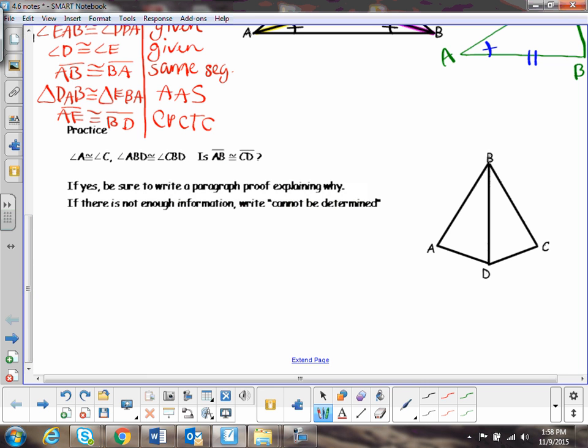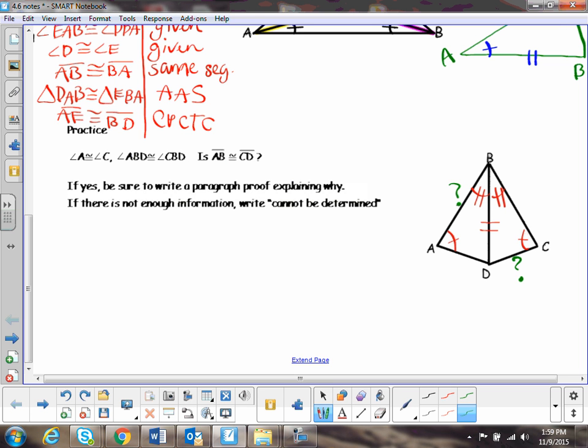A is congruent to C, tick mark, tick mark. Angle ABD, tick mark, and CBD. And AB is congruent to CD. What else is congruent here? That middle one, right? So would you say these 2 triangles are congruent? Yeah. And then what are they asking us about what's congruent? If you go for the question marks, AB and CD.